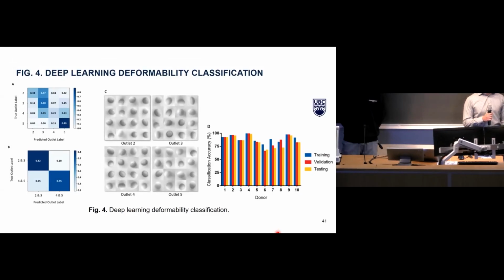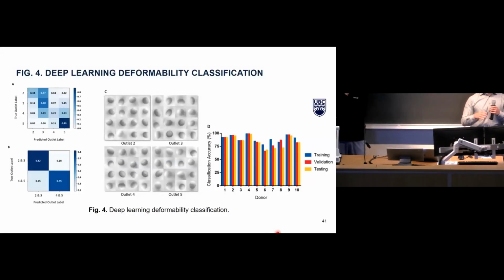We found that by grouping outlets 2 and 3 together into a deformable class and 4 and 5 together into a rigid class, it increased the accuracy. And that could just be due to the fact that it's now a binary classification, right? A random guess baseline is 50%, so getting 80% accuracy is only 30% above baseline. With the 4-class classification, the baseline is 25%, so 55% would be the same increase in accuracy.